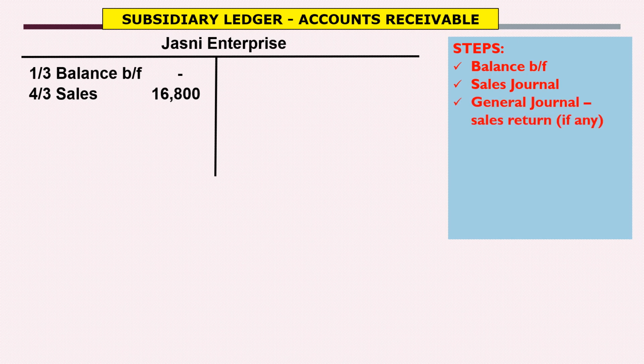Third step is to check the general journal whether there is any sales return. And just now we found that on 12th March there is a sales return amounting 800. We put it at the credit side because it will decrease the sales.